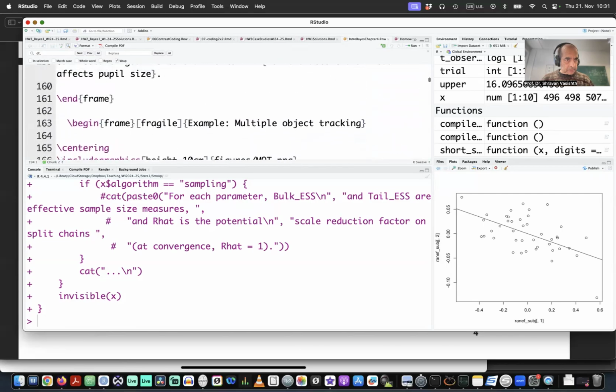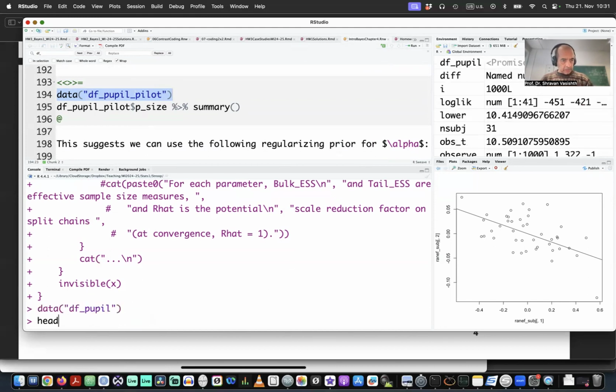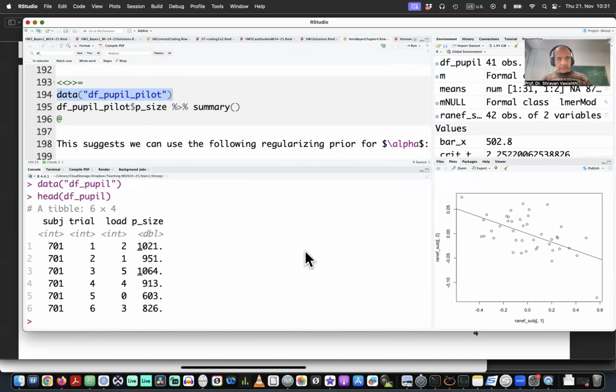Let's look at the actual data first, okay? I'm going to load the pupil data. Let's look at the DF pupil. Actually, it never hurts to look at the data before starting to analyze it. Not something that people do very often.